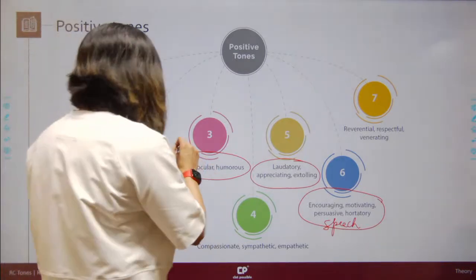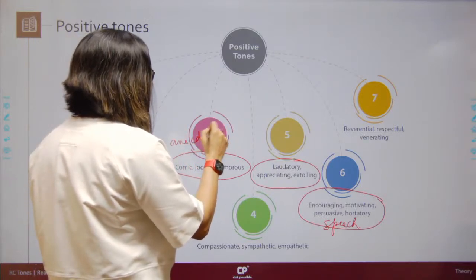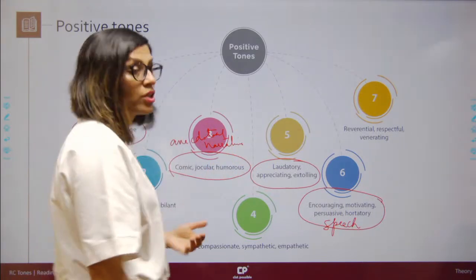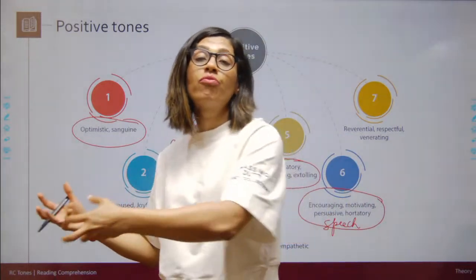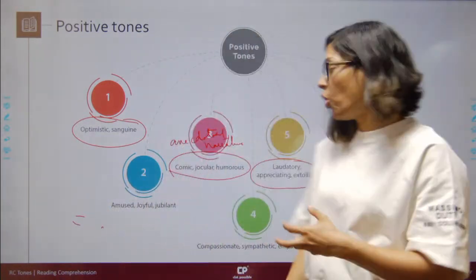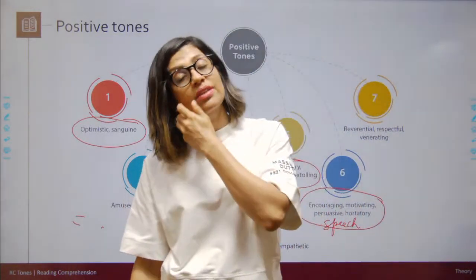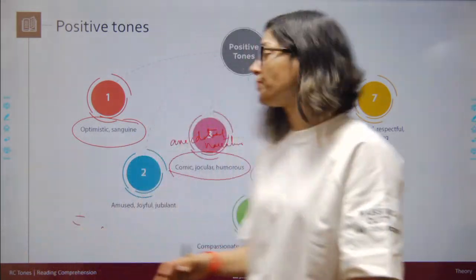This could also be anecdotal or narrative. So the tone could be comical as well as narrative because it is a comical narration of what happened, sequence of events. Or the tone could be jocular and narrative because the author describes what happened next and it is a funny incident.